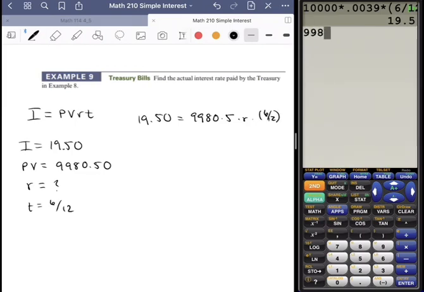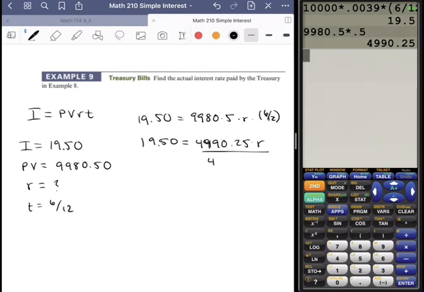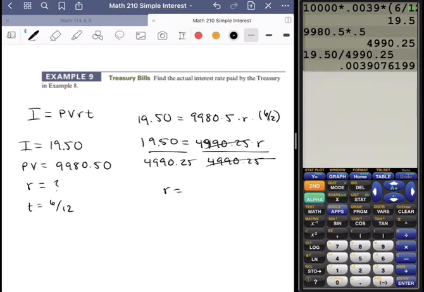So I have 9,980.5 times 0.5 equals 4,990.25 times R. So rate is equal to 19.5 divided by 4,990.25.